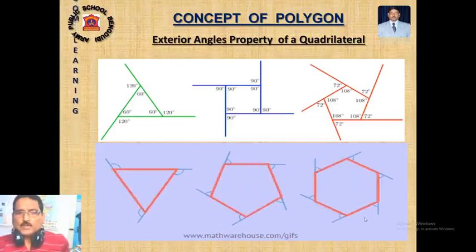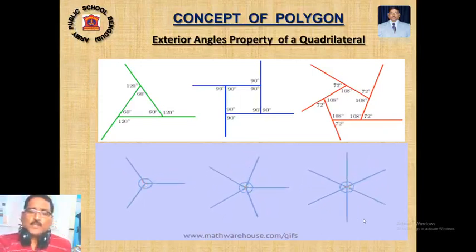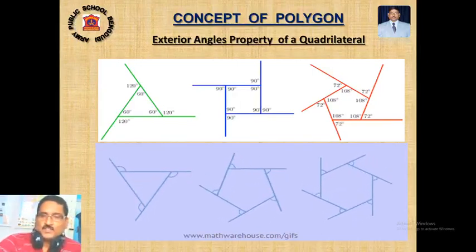So in the case of a convex polygon, if we add all the exterior angles, it will never be more than 360 degrees.